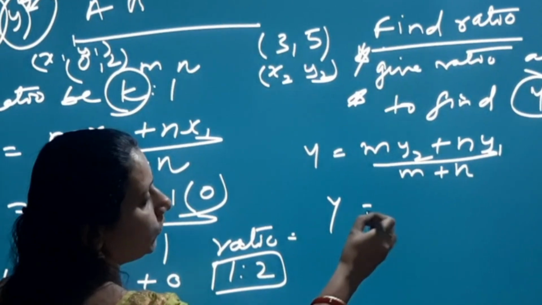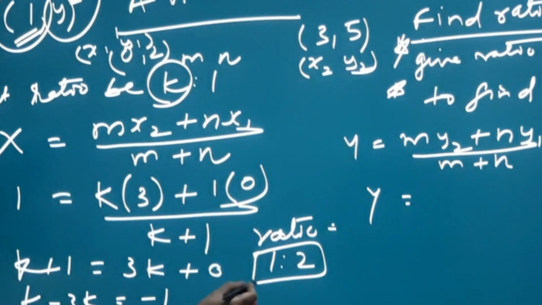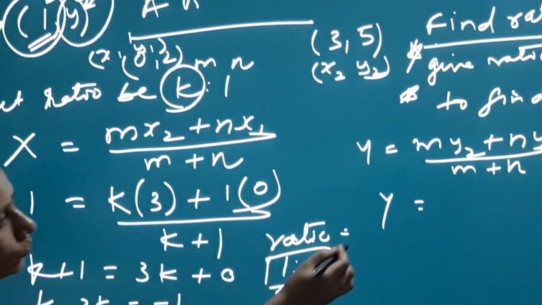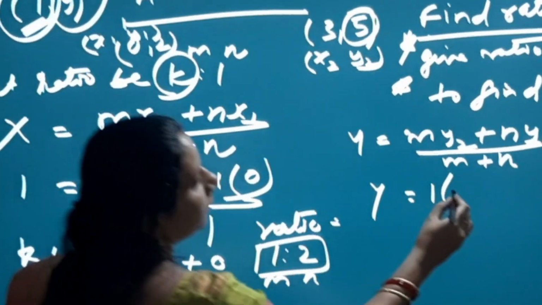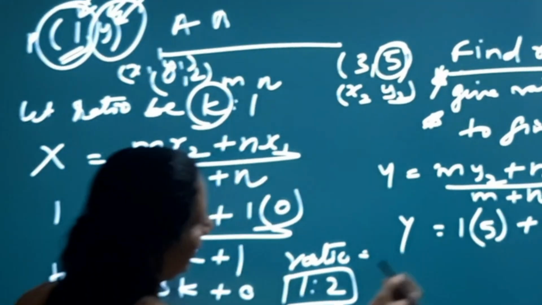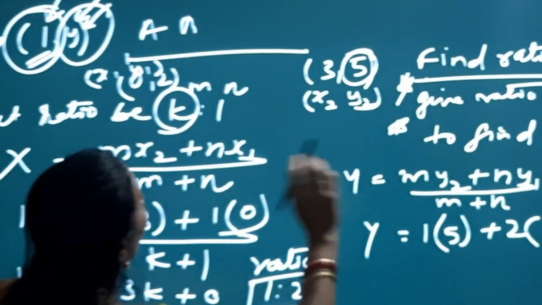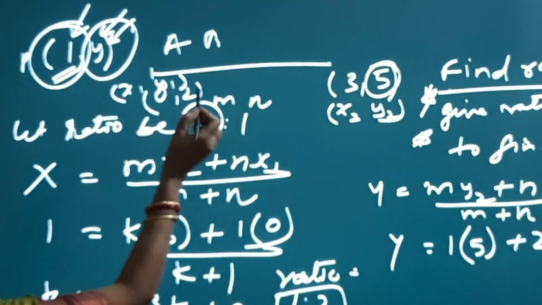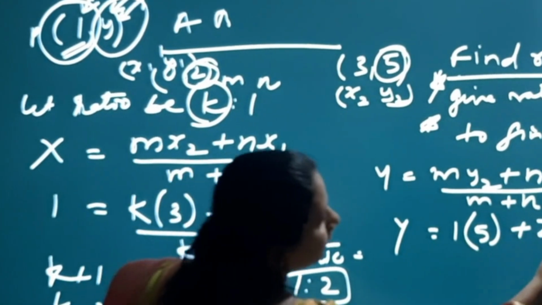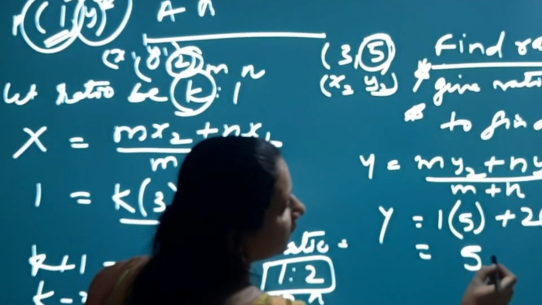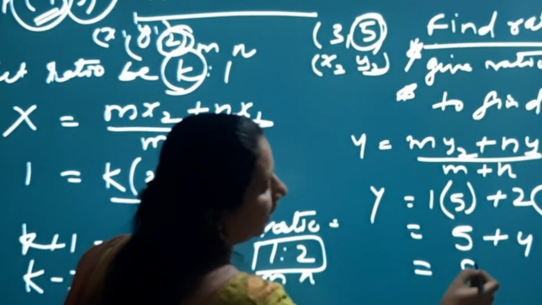Here y is not known. M we got 1, n as 2. So it is 1 times 5 plus n is 2. This is x1, y1, so y1 is 2. Thus it is 5 plus 4, 9.